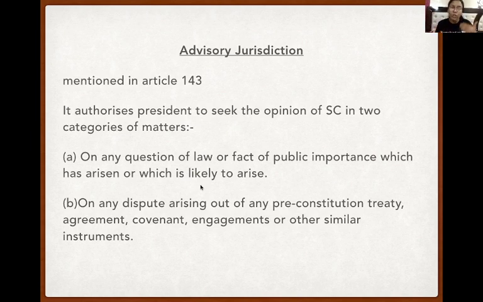मतलब वो एक्चुअली कंडीशन आने से पहले भी जो है वो प्रेसिडेंट सुप्रीम कोर्ट का ओपिनियन उस मैटर पे मांग सकते हैं. सो लेट मी गिव एन एग्जांपल ऑफ अ क्वेश्चन ऑफ लॉ एंड अ क्वेश्चन ऑफ फैक्ट. सो क्वेश्चन ऑफ लॉ इज वेदर, फॉर एग्जांपल, like you take any law, okay, any law as in you take GST, okay.